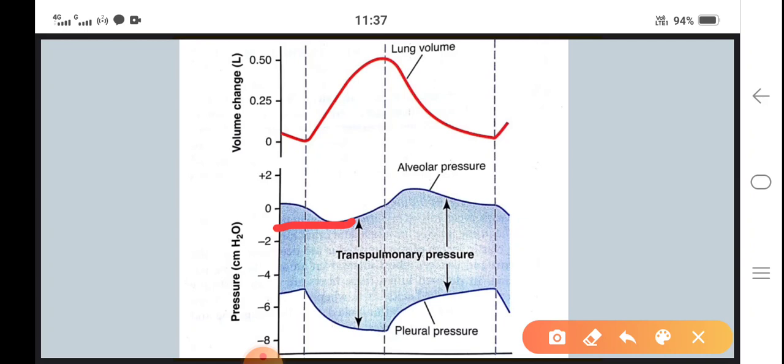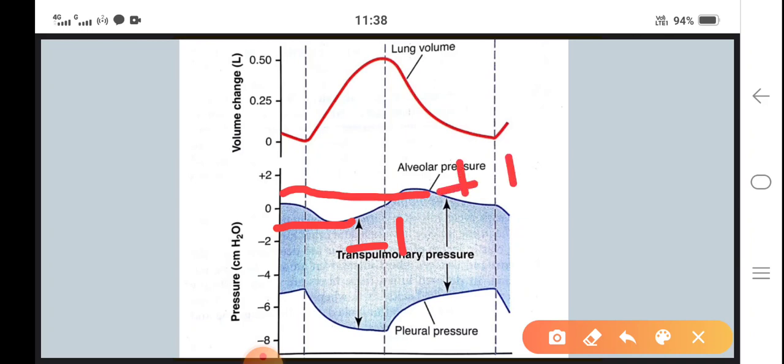During expiration, alveolar pressure rises to about plus 1. This is an increase: this is minus 1 and this is plus 1.